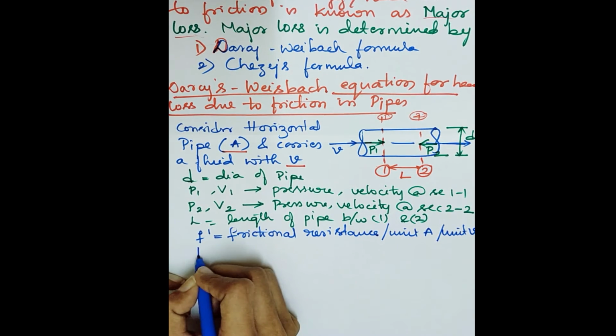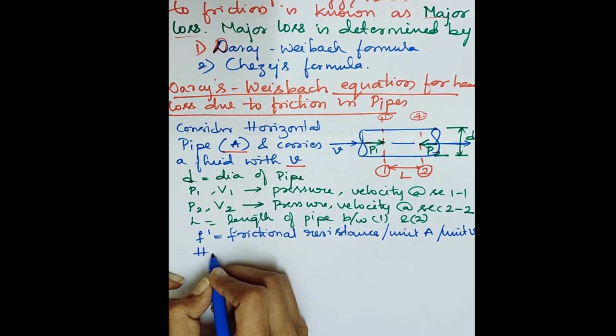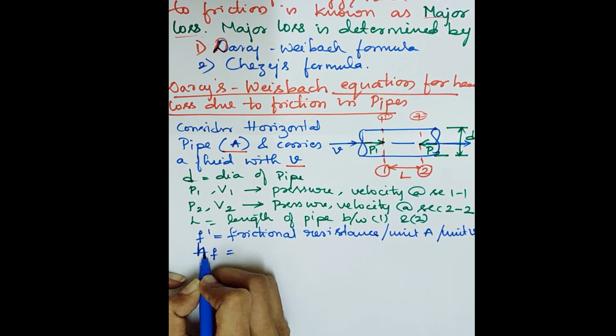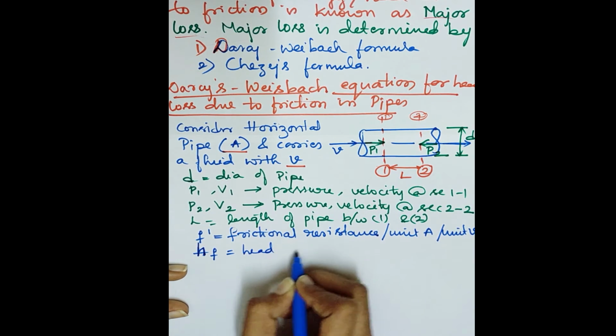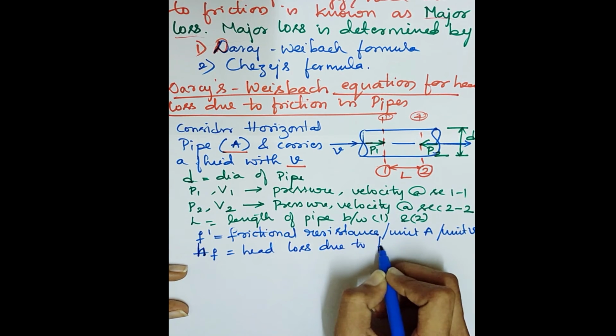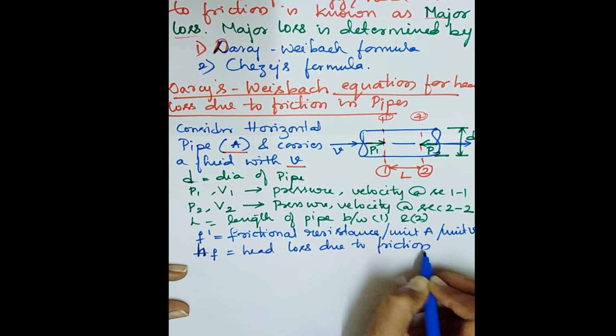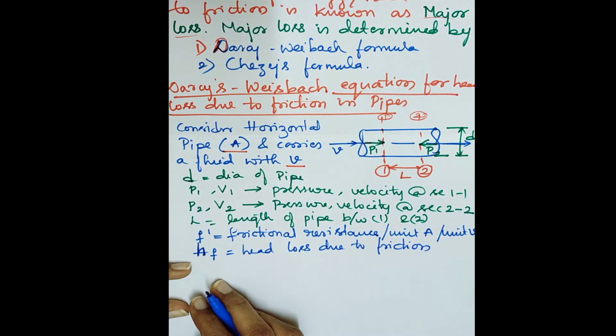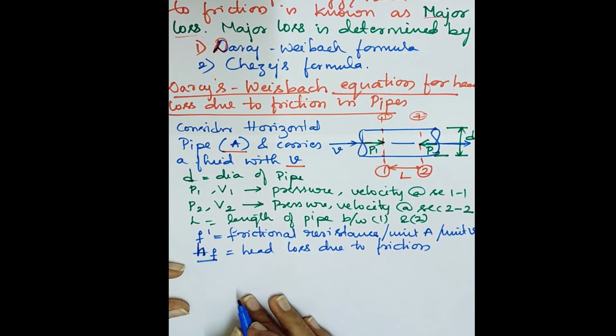The head loss due to friction in pipes we will denote with the symbol HF.